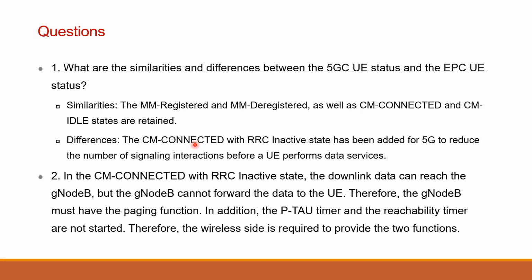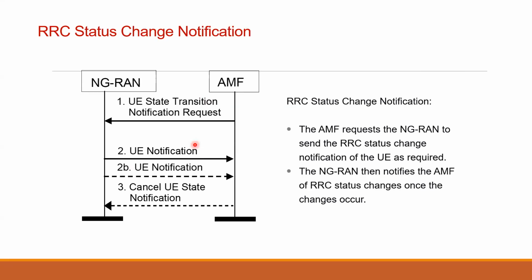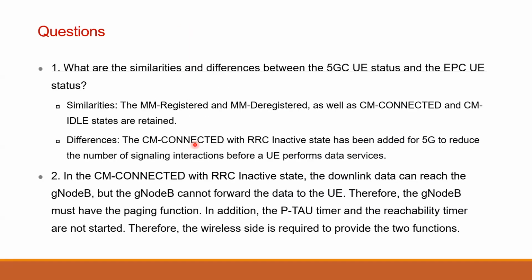So this slide now completes the status related information of a UE in 5G core. A little bit of recall on the similarity and difference between the 5G UE status and EPC.